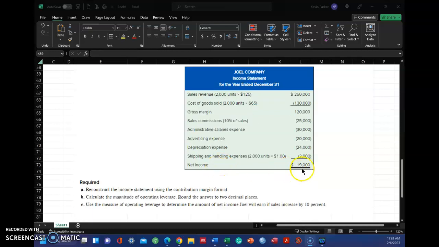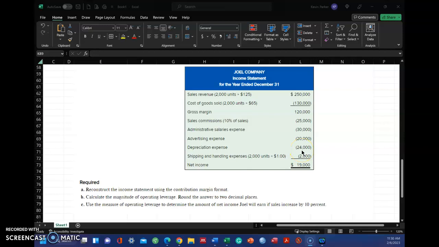All right, anyway, so net income is $19,000. I'm going to tell you right now the answer to the contribution margin format income statement. Before we even lift a pencil, $19,000. We'll start with $250,000 on the contribution. This is a gross margin income statement. We'll start with $250,000. We'll end with $19,000. It's just in between the starting and ending point.